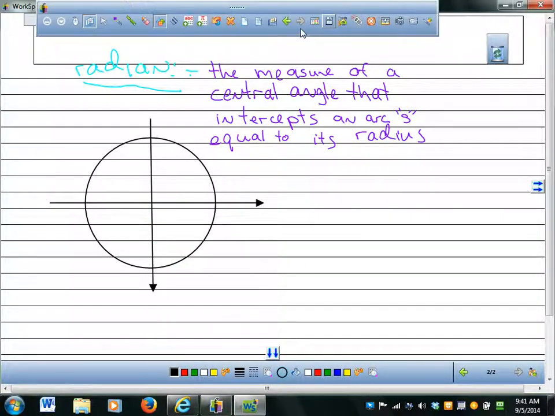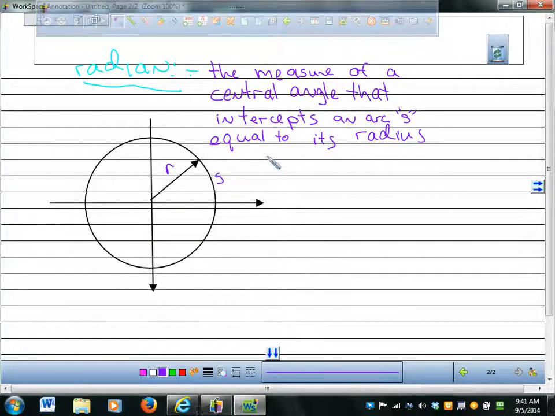All right, so if I were to measure a radian, this length here is R, and this is S. When S equals R, this angle here is 1 radian.